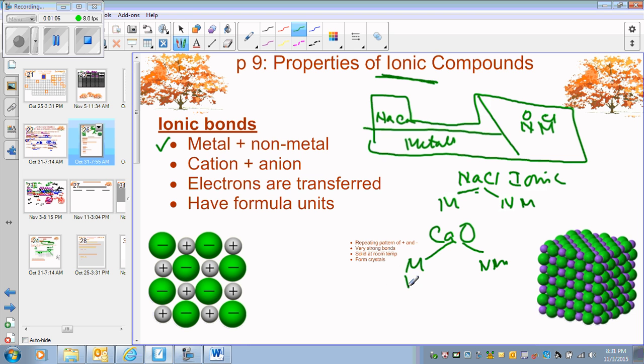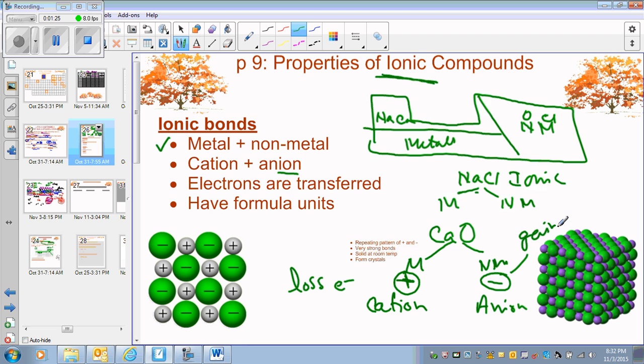Metals are positive ions, called cations. Non-metals are negative ions, called anions. Electrons are transferred. Positive ions means loss of electrons. Negative ions means gain of electrons.